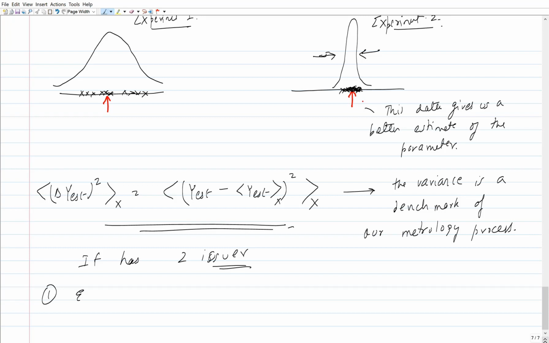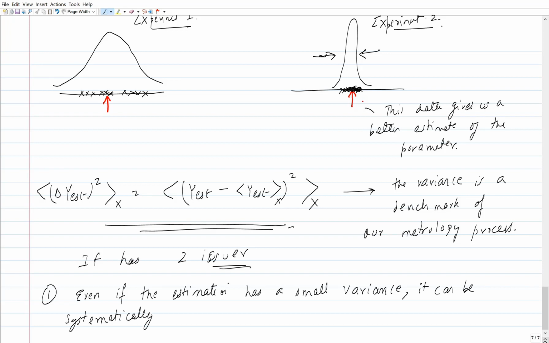I'll just write it down: even if the estimation has a small variance, it can be systematically biased away from the true parameter.